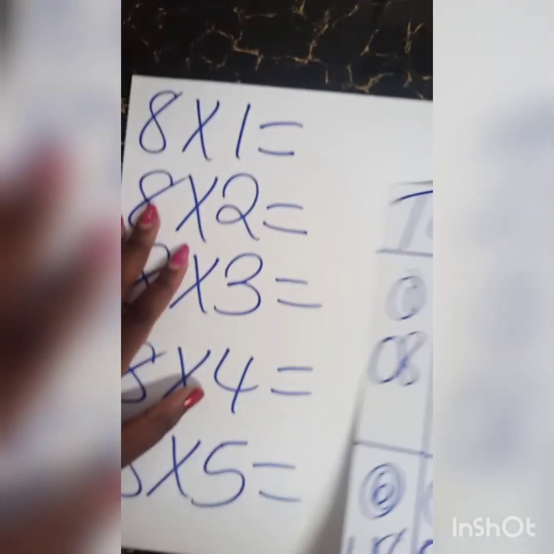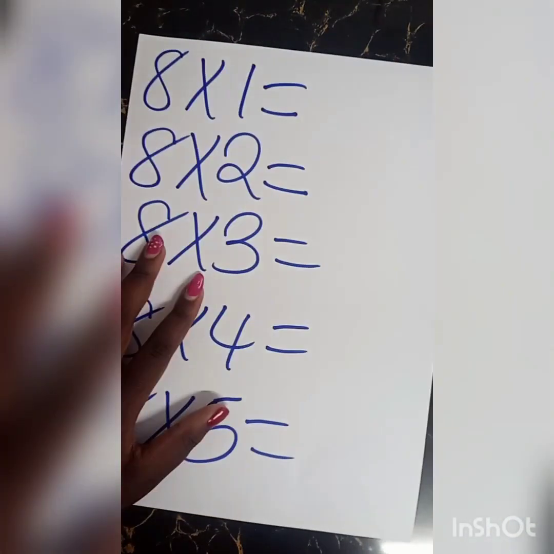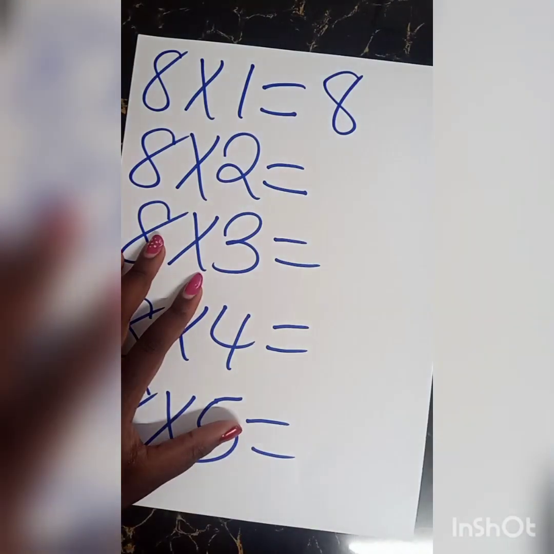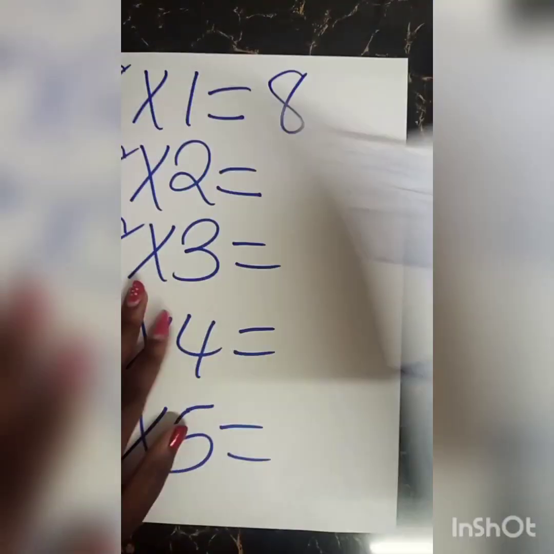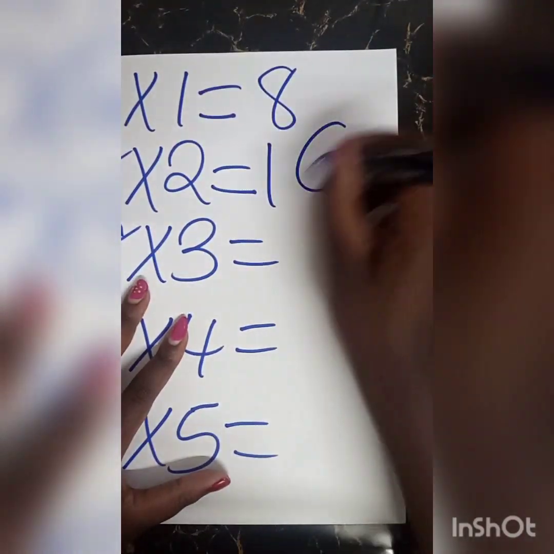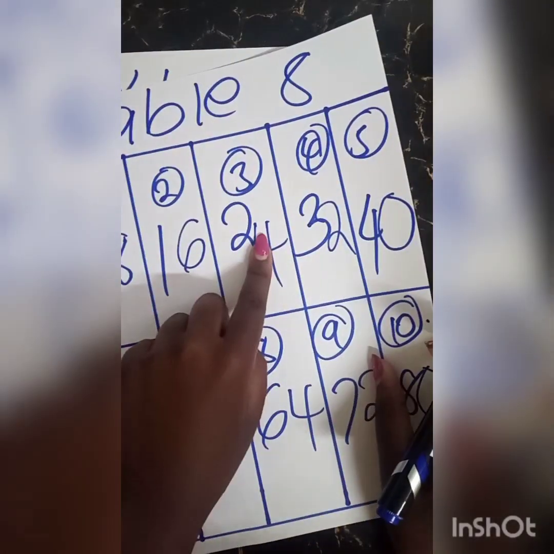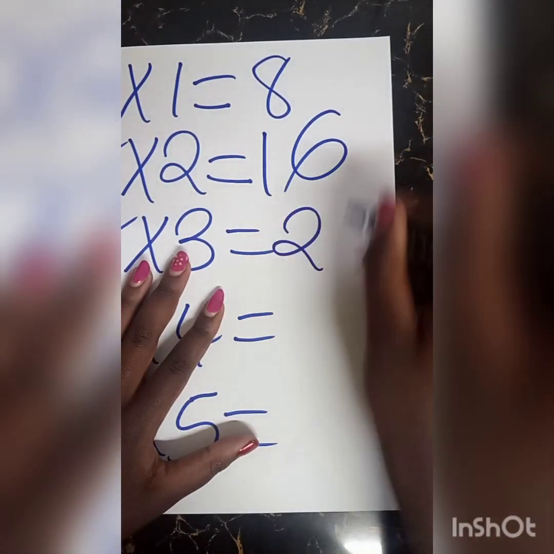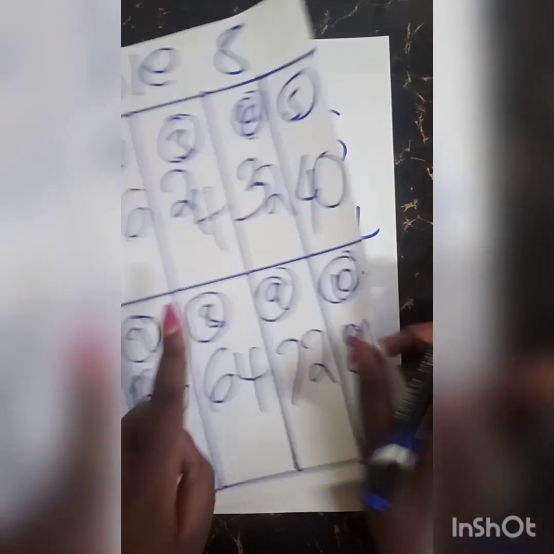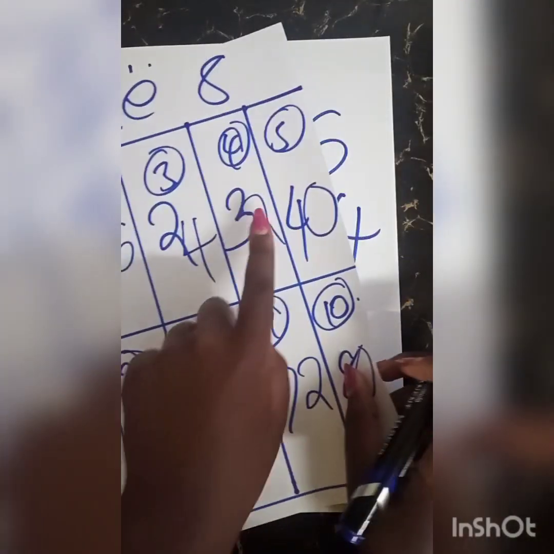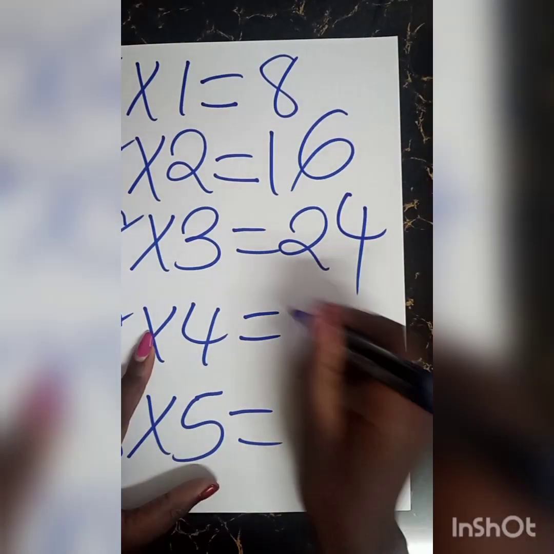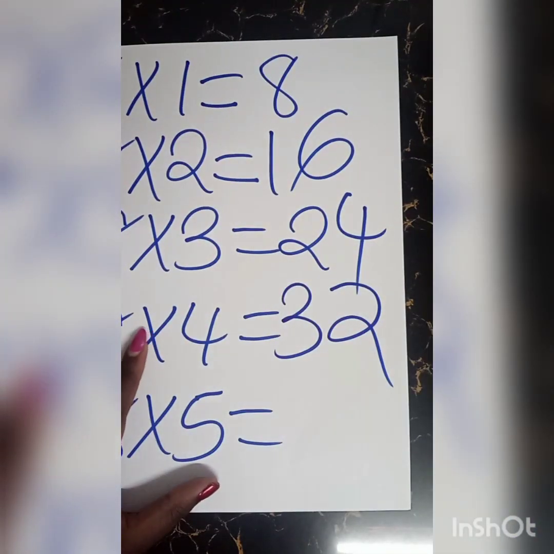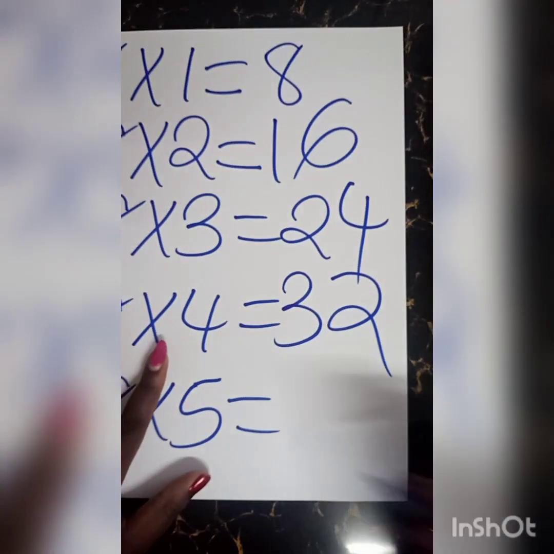So 8 times 1 is 8. 8 times 2 is 16. 8 times 3 is 24. 8 times 4 is 32. 8 times 5 is 40. Okay?